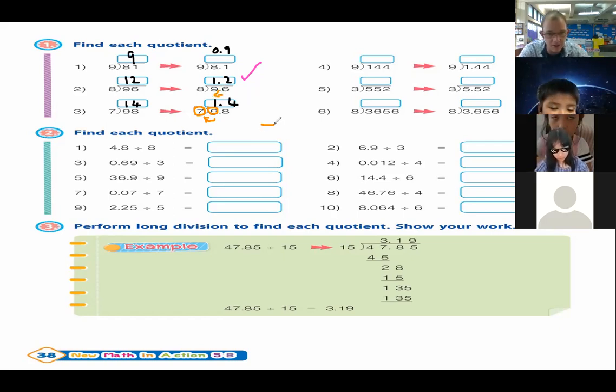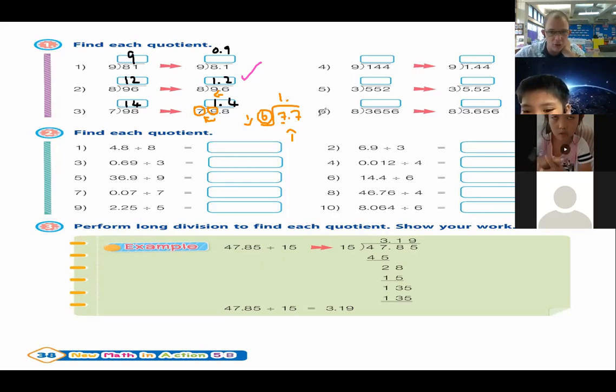If you have an example like 6 divided by 7, the first number, the 6, is smaller than the 7. Therefore, our number will always start with a 0, because the 7 cannot go into the 6. But once we have a bigger number, like 7.7, the 7 now is not smaller than the 6. So our number will then at least be 1.